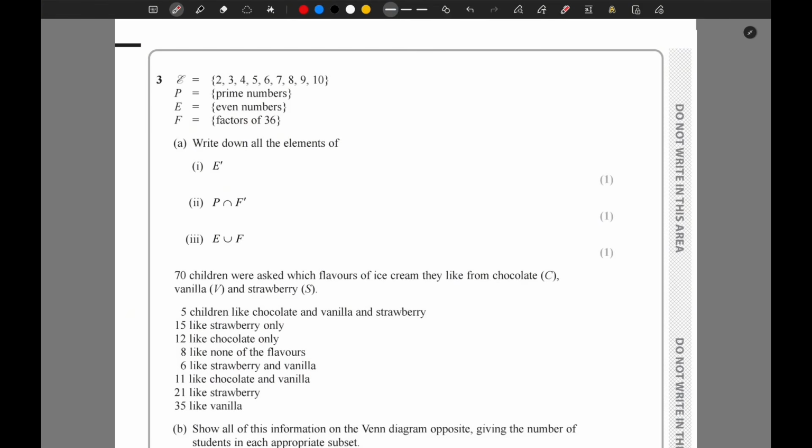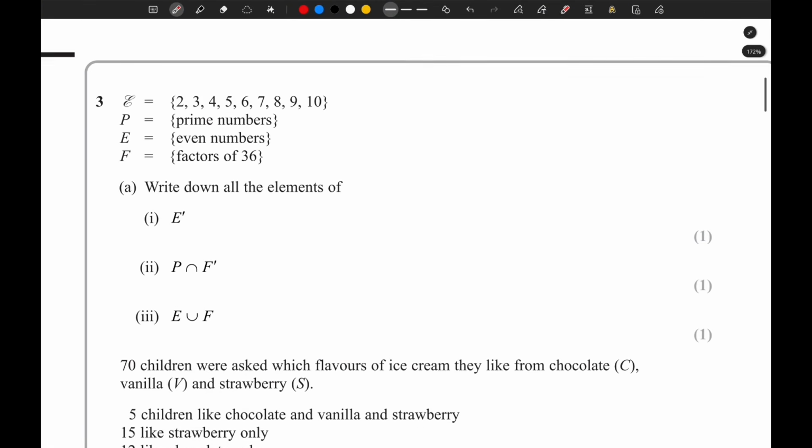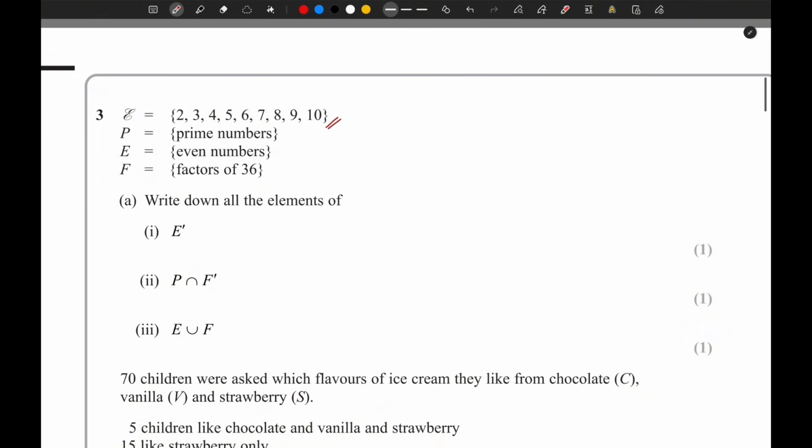Now moving on to the third question. We have a universal set given to us and three sets: P, E, F. P are prime numbers. First of all, it is better if you write the elements in the sets by the side. Prime numbers meaning 2, 3, 5, 7.